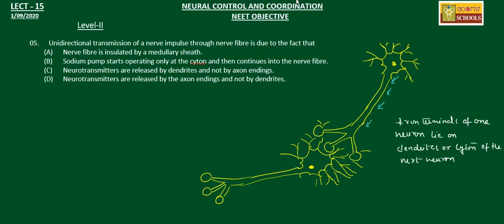Even if the impulse is generated on the axon and moves toward the cyton or dendrites, the information will not go. Suppose the information is coming in this way, and the dendrites don't have neurotransmitters.